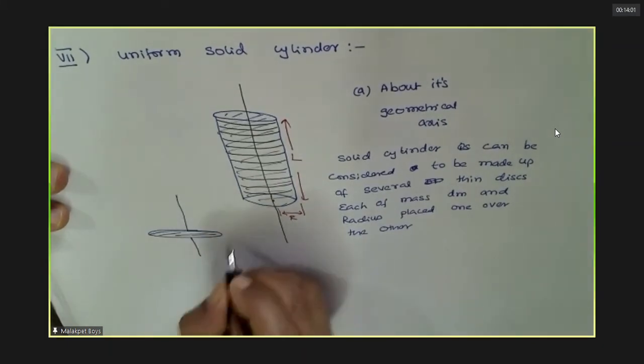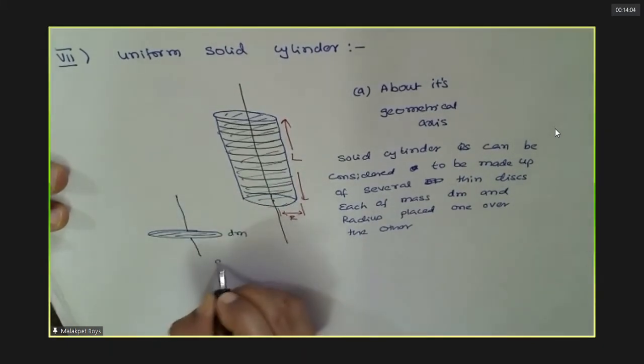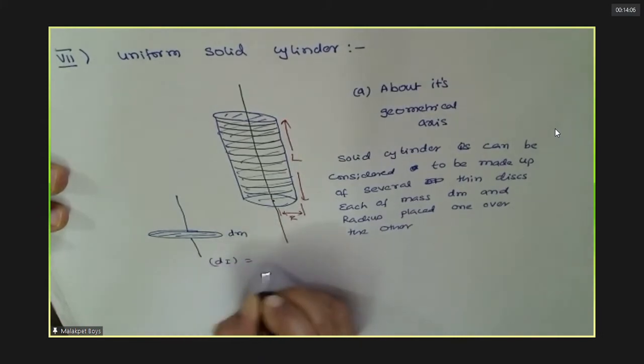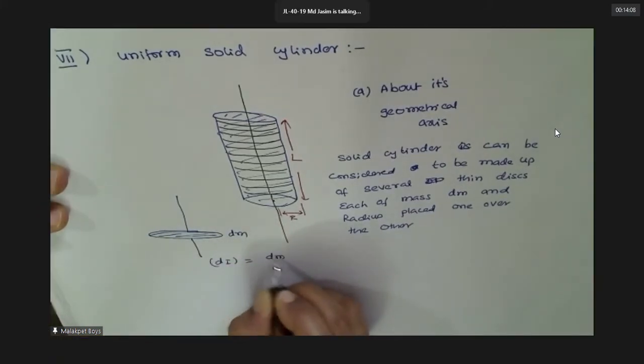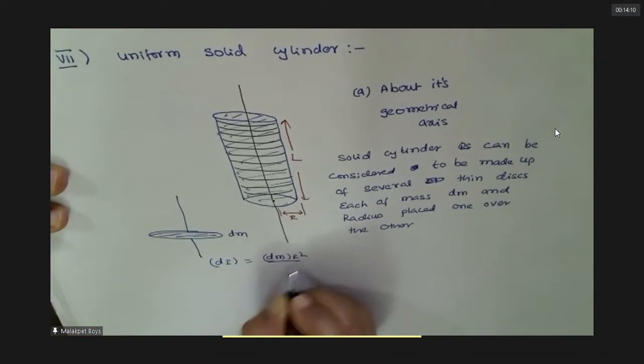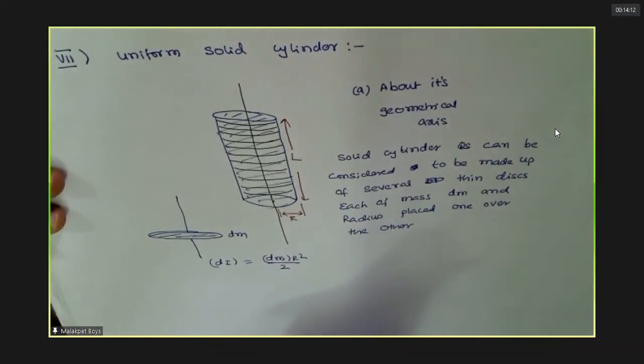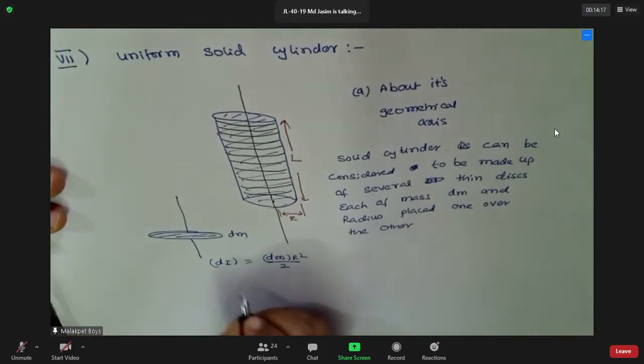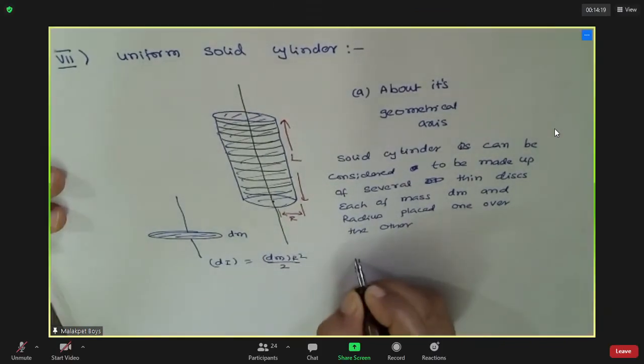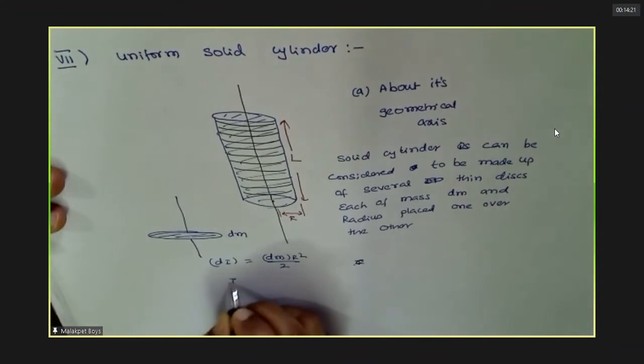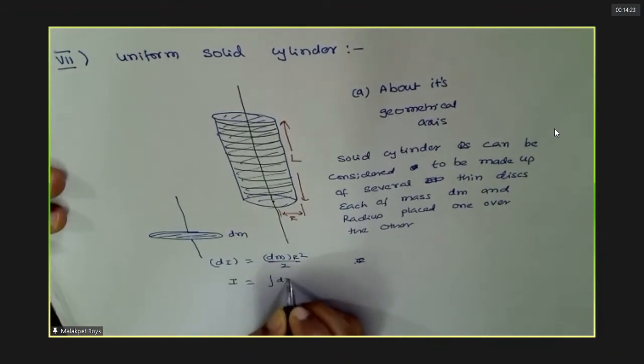The mass of this disc is dm. So what is the moment of inertia of this? Remember for a disc, what did you get? dm r square by 2, do you agree? Yes, sir. If you want the moment of inertia of the entire cylinder, integrate this.